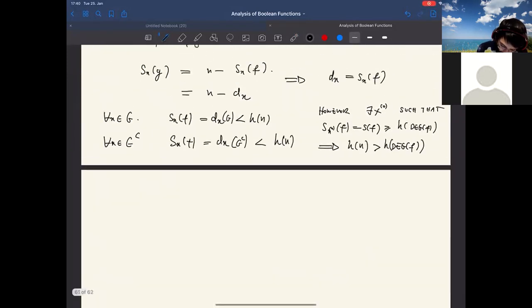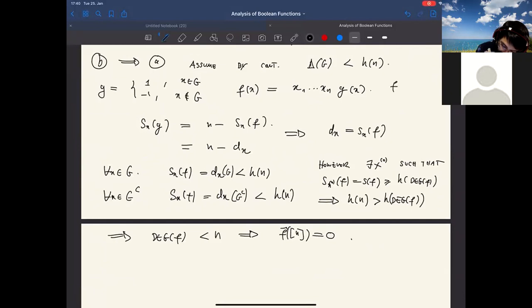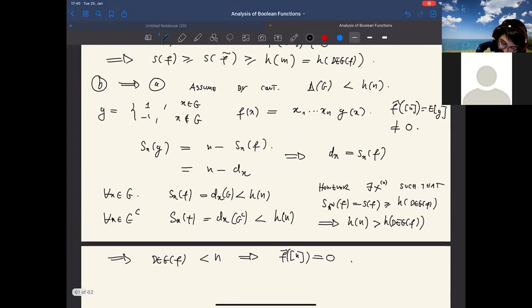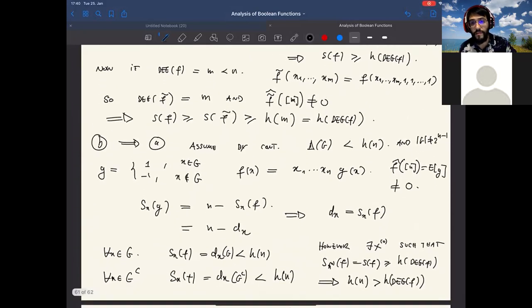Correct. However, this shows then the degree, because the function is increasing, is less than n. And so if that is true, then f hat of n must be 0. But that's not the case, because f hat of n is the expectation of g, and the expectation of g is not 0, because we are assuming that the cardinality of G is not 2 to the n minus 1.